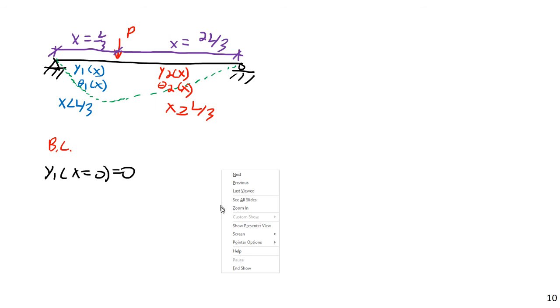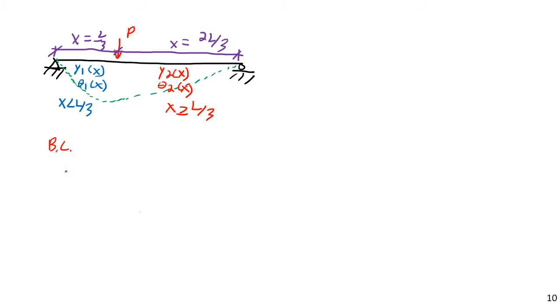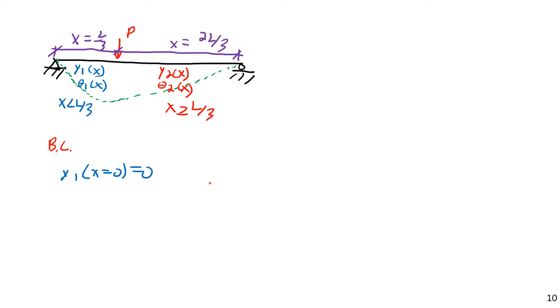That makes sense. And we also know, because of the pin support, or in this case the roller, they both exhibit the same vertical behavior. y2 at x equal L is also equal to 0.